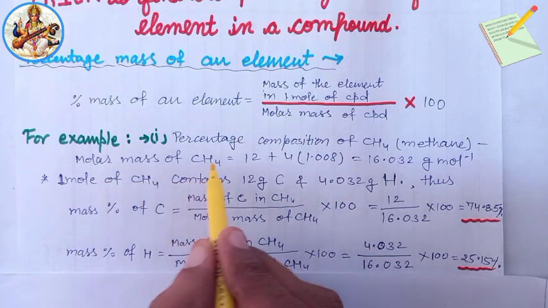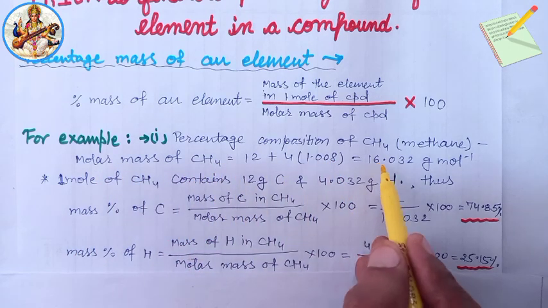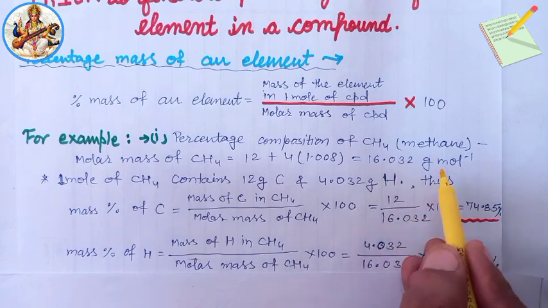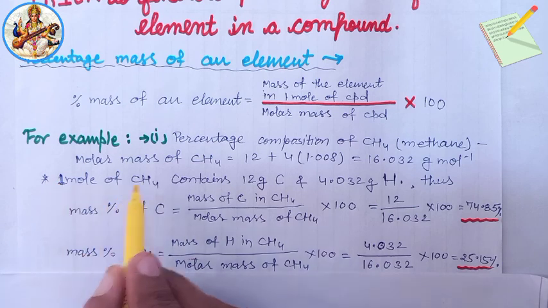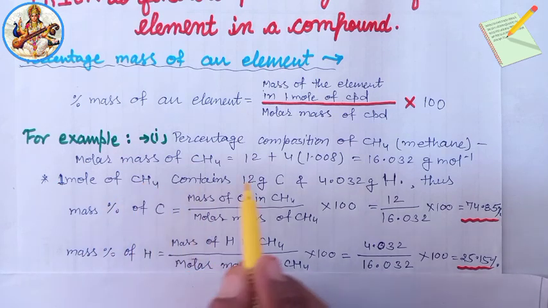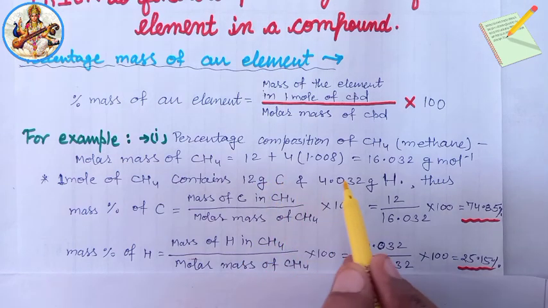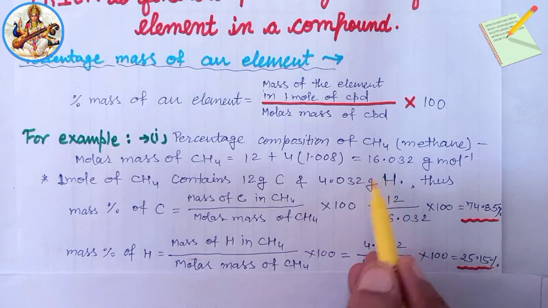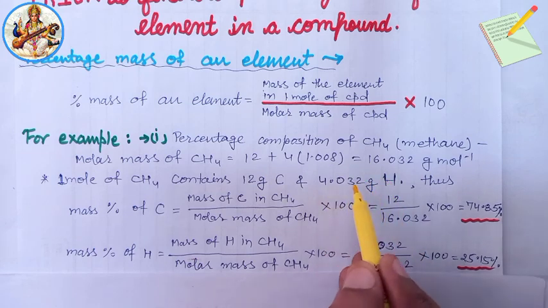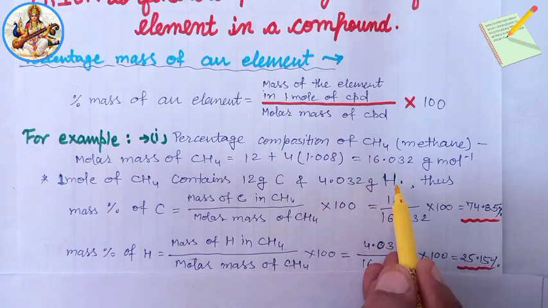Therefore, molar mass of methane is equal to 16.032 gram mole inverse. And 1 mole of methane contains 1 mole of carbon, meaning 12 gram of carbon, and 4 moles of hydrogen, meaning 4.032 gram of hydrogen.